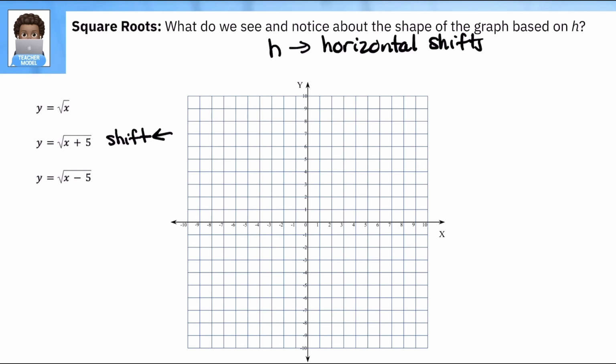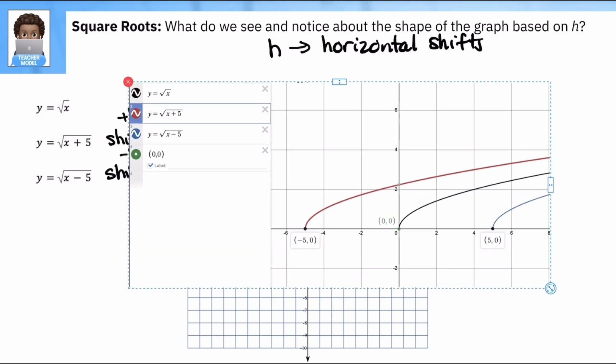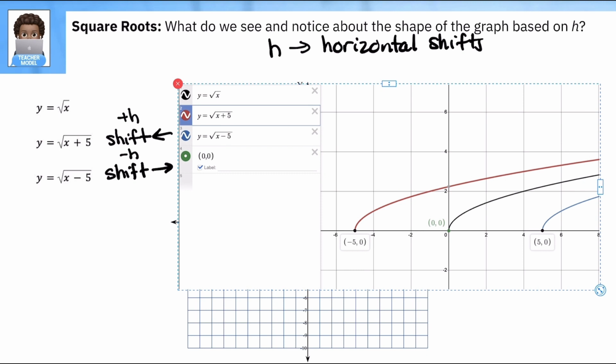And if it was a negative h, it shifted to the right. So let's see if that's true and confirm it. I'm still going to hold on to what we're noticing. Here we go. Let's make this a little bit bigger so we can see what's going on. All right, here's our base.